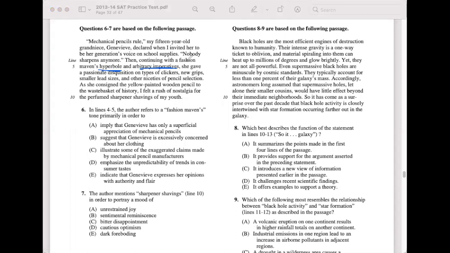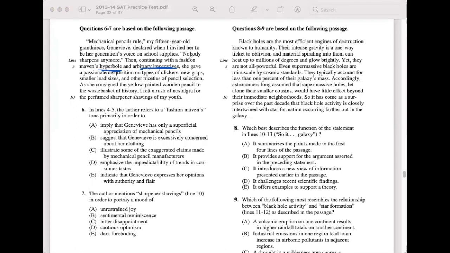An imperative is like, you must do this, you must buy it. So she uses them to bring out her liking of mechanical pencils, while the narrator, the person who has written the passage, says that he remembers with great fondness the wooden pencils of his youth, right?